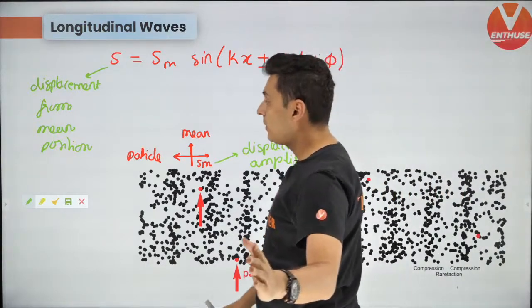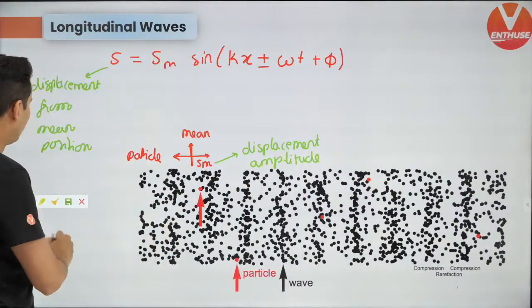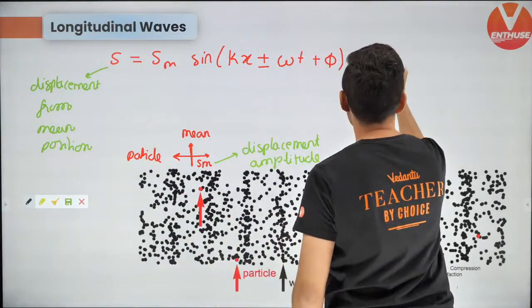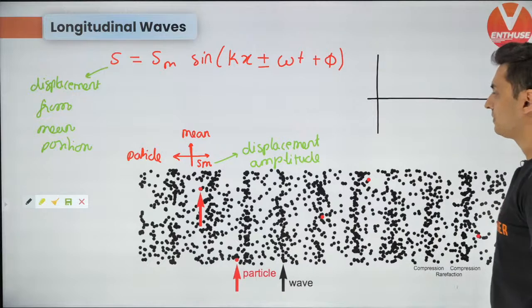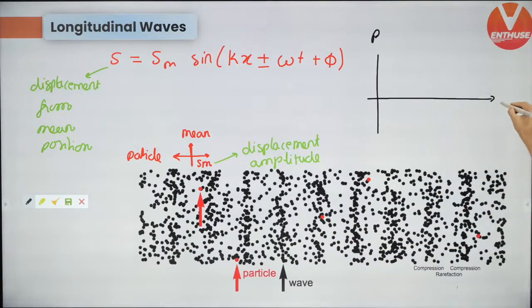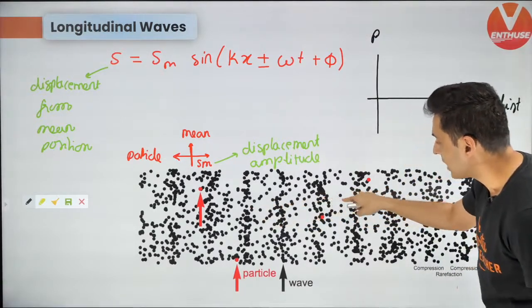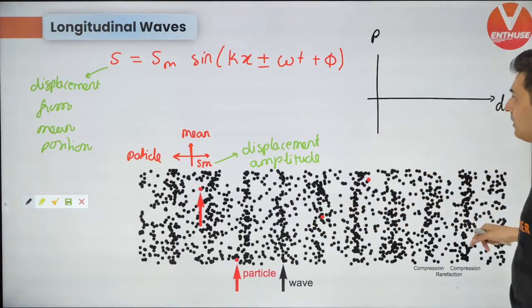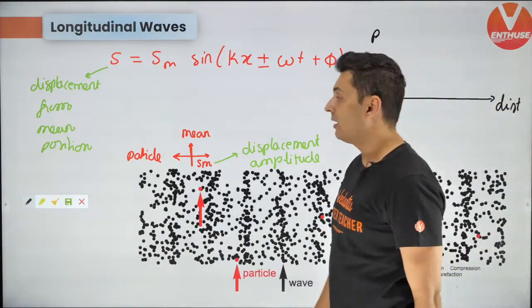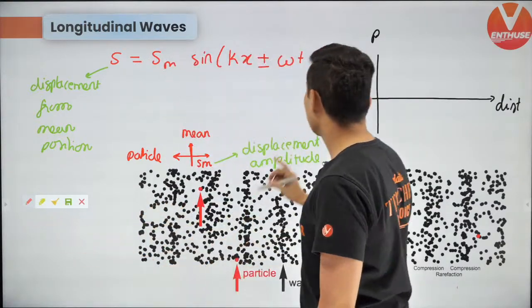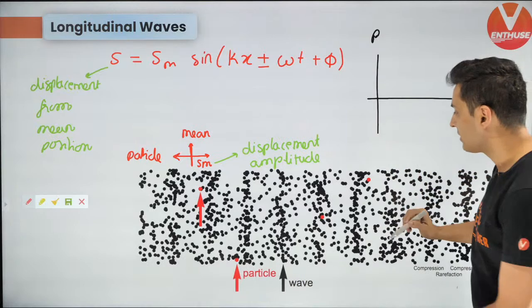Now notice one more thing, and that is the pressure. If you look at this graph of pressure versus distance, at every point if I check what is the pressure, then this graph of pressure versus displacement is going to look something like this.